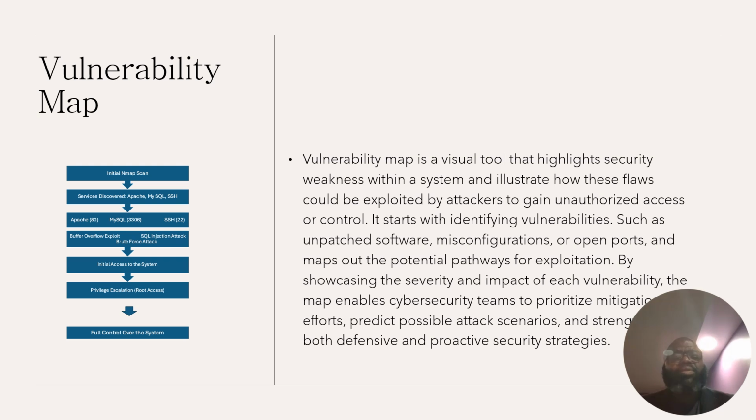A vulnerability map is a visual tool that highlights security weaknesses within a system and illustrates how the flaws could be exploited by attackers to gain unauthorized access or control.